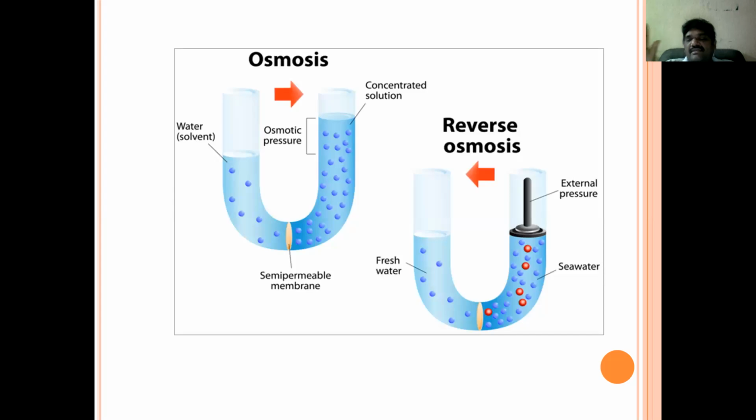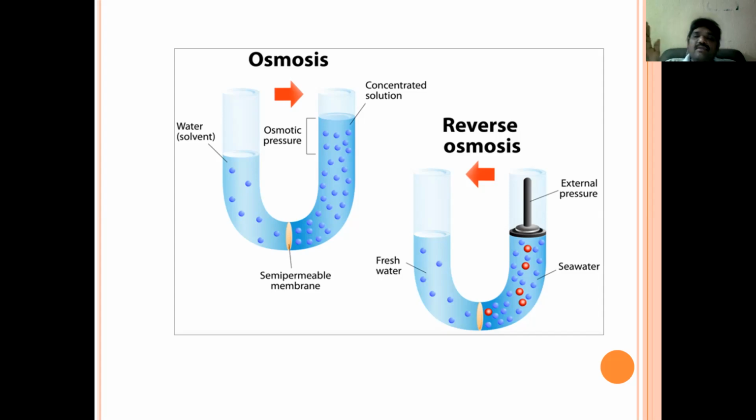Now, this is the simple mechanism for how you should write when you get a question. Reverse osmosis: water is made to flow from the high concentrated to the low concentrated zone by applying pressure up to 100 to 800 psi units, where the water flows through a semi-permeable membrane from the high concentrated to the low concentrated zone, called reverse osmosis.